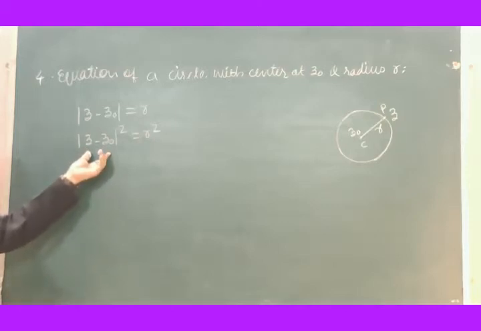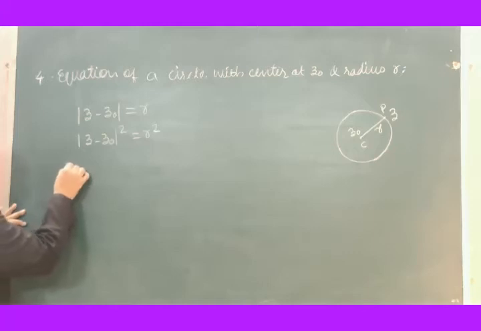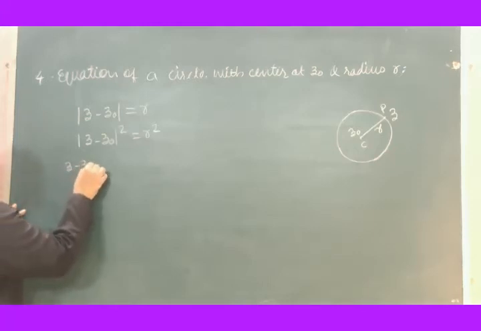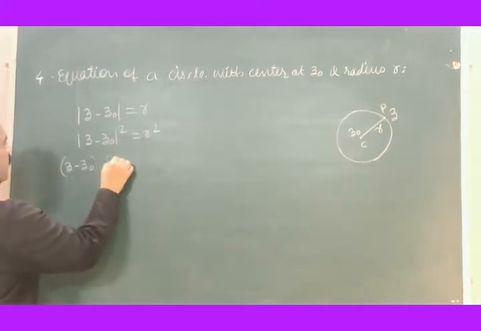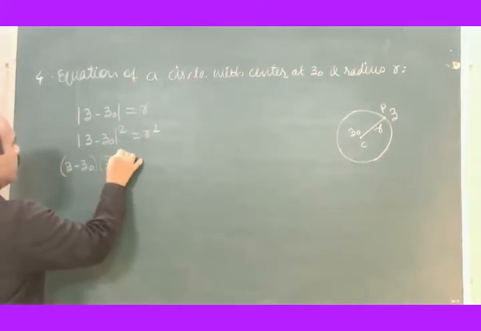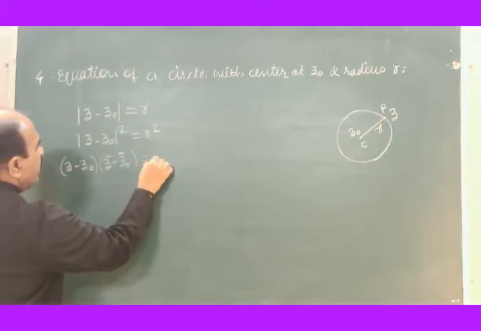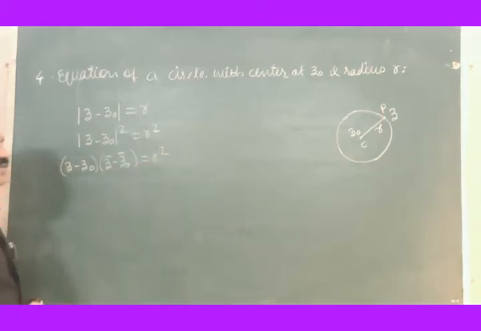How can this be split? This way: (Z minus Z0) into (Z bar minus Z0 bar) is equal to r squared.